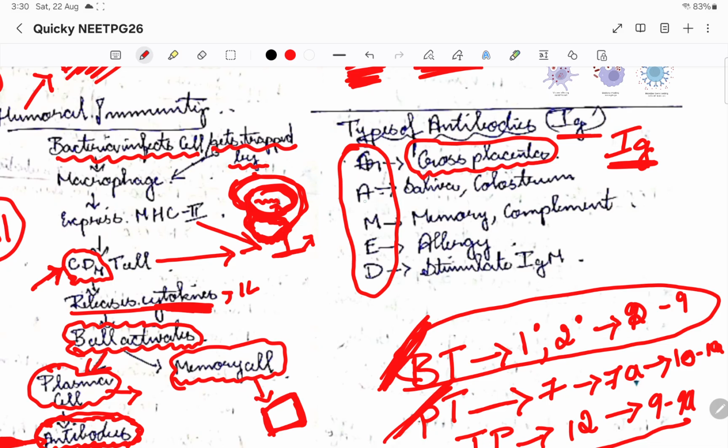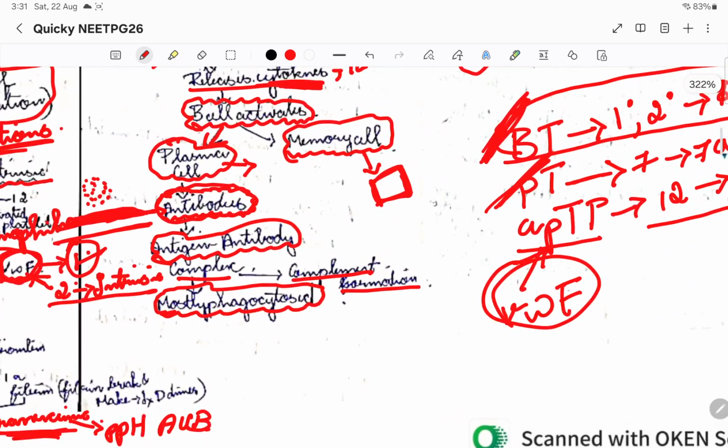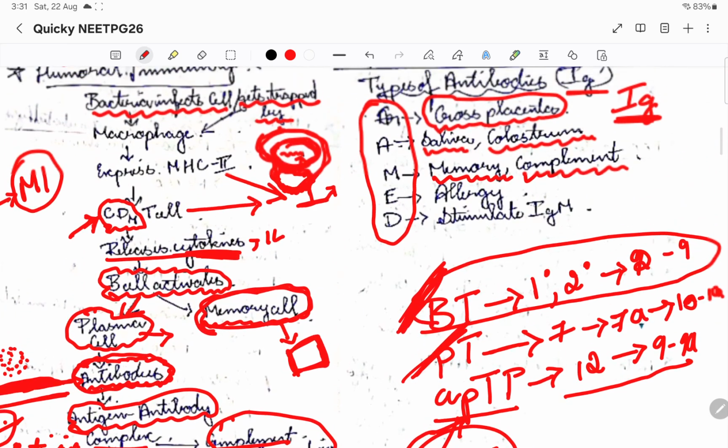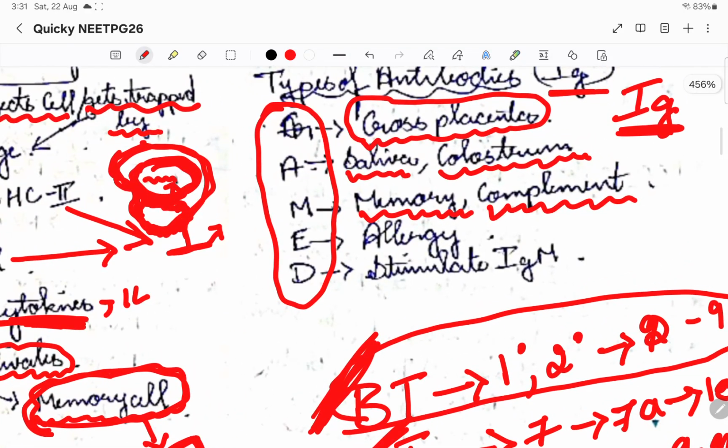IgA is seen increased in saliva and colostrum. IgM is the memory cell and also forms the complement. We discussed memory cell and complement formation, right? So wherever memory and complement formation is there, remember it is IgM.